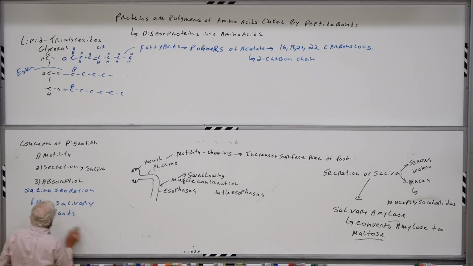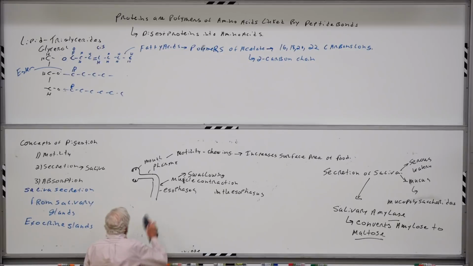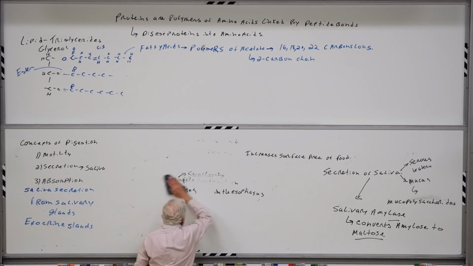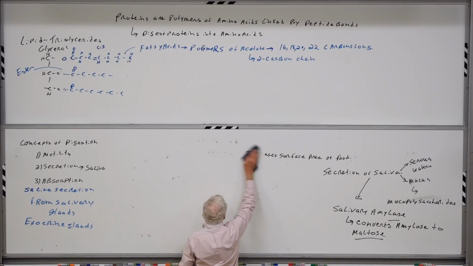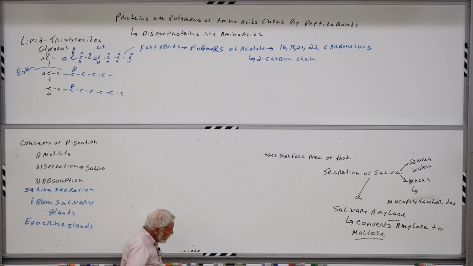These salivary glands are classic exocrine glands. And when we think about this, we can draw the exocrine glands we have talked about earlier in the course. And I'm going to put this in as a series.